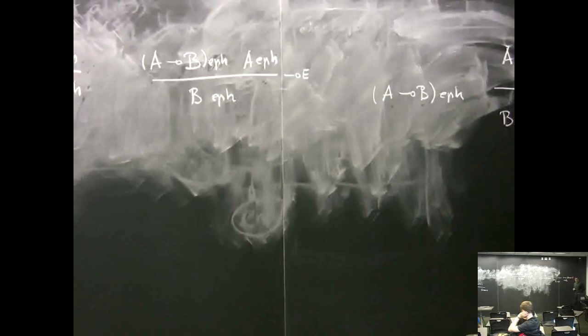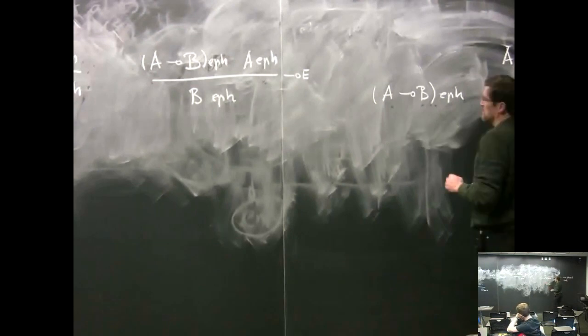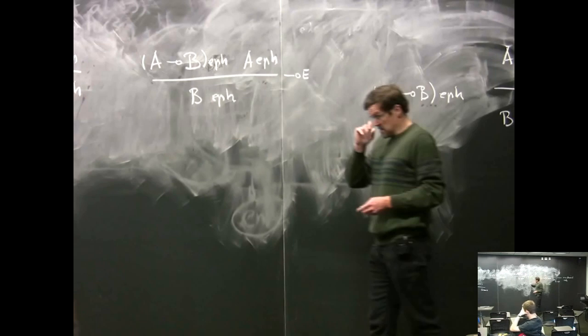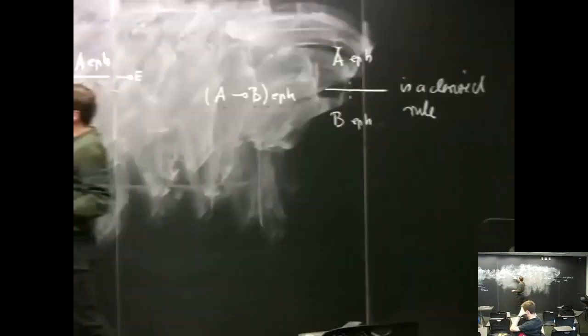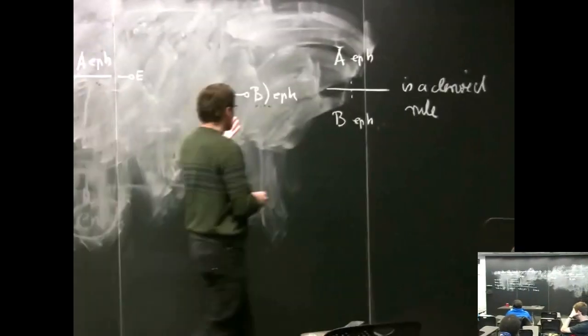Okay, does it make sense? It means the same thing. If we assume A and we prove B, that's how we show that something is a derived rule. So A implies B should be the case if this thing is a derived rule. So these are two aspects we always have to think about when we think about logical connectives: how we use them and how we actually prove them.